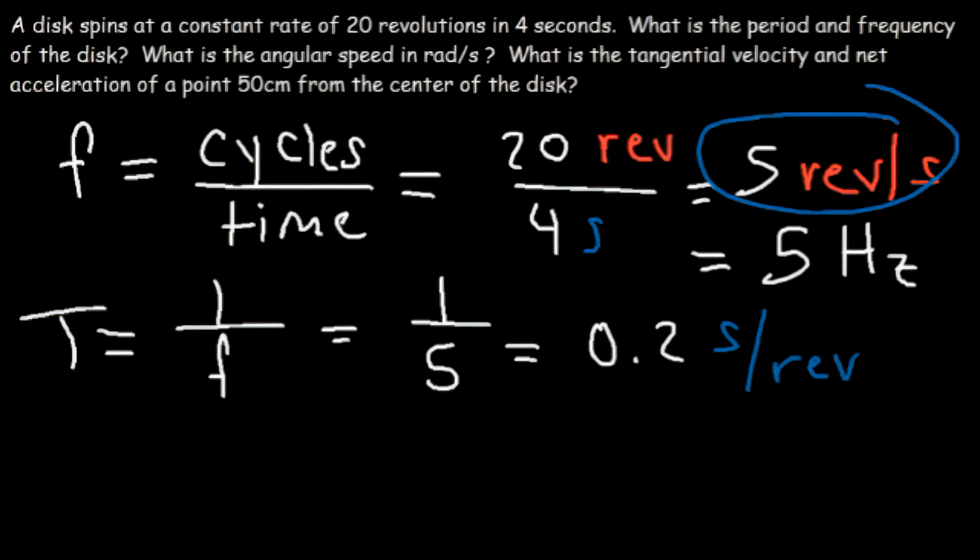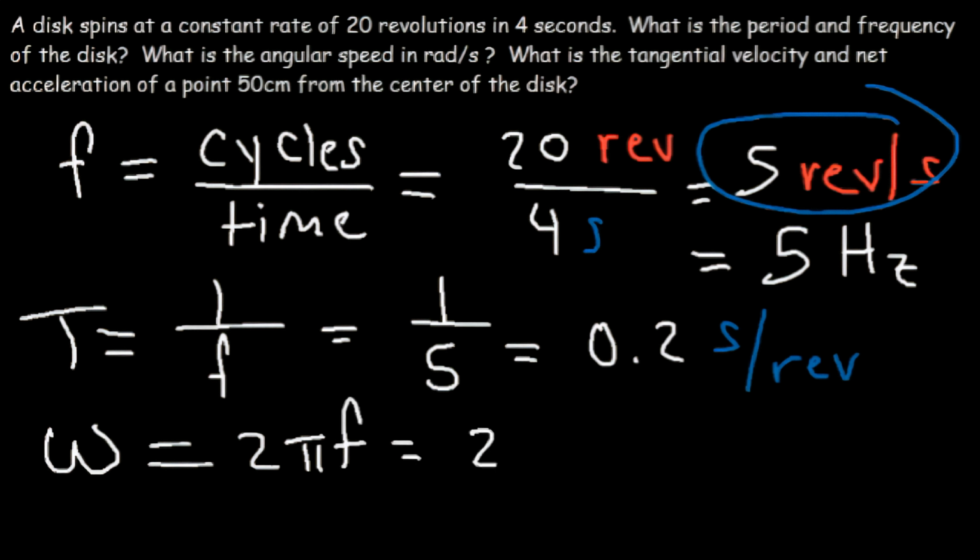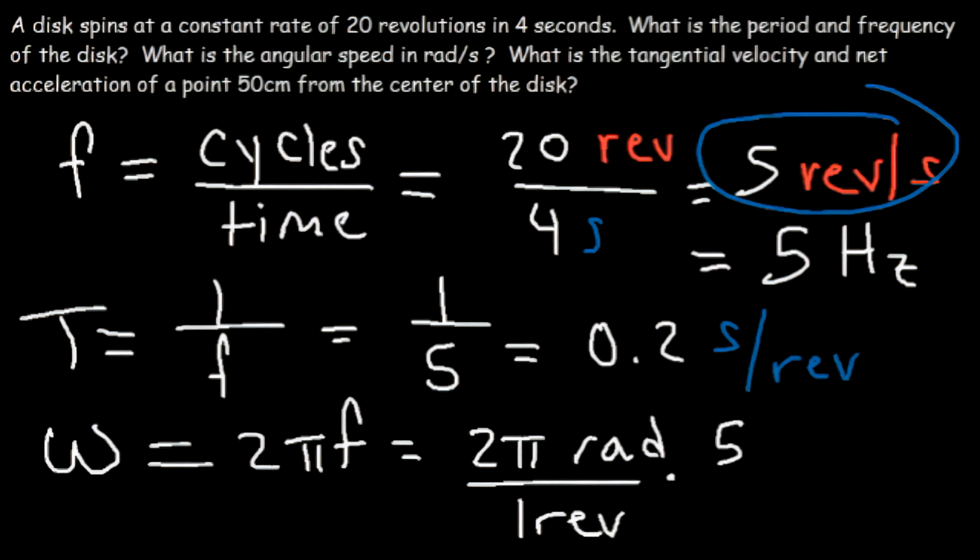Now that we have the frequency, how can we calculate the angular speed in radians per second? So omega is equal to 2 pi f. So it's 2 pi radians per revolution multiplied by 5 revolutions per second.